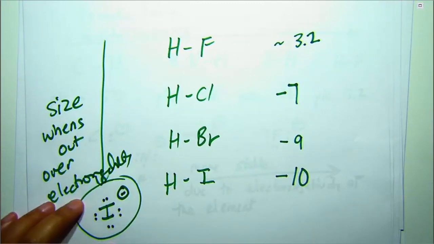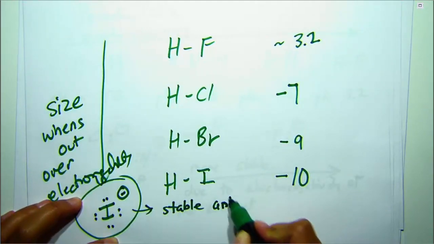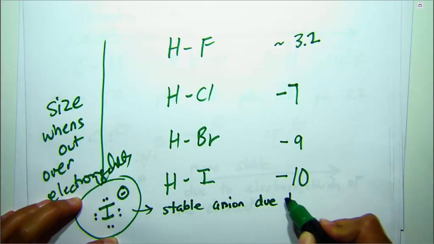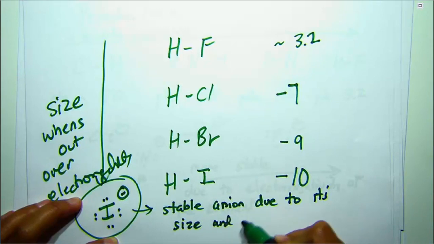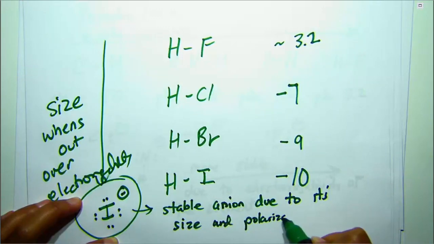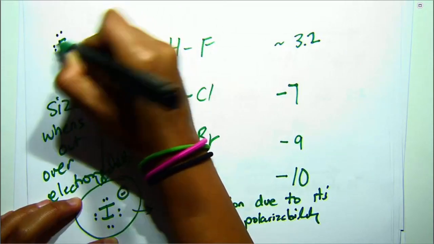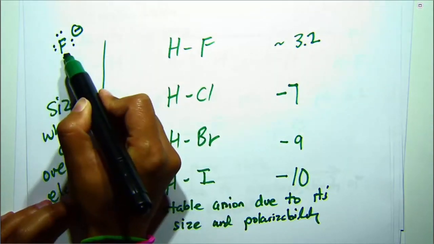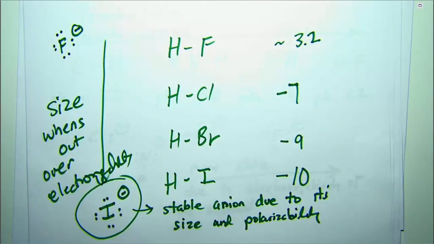So I minus is actually a relatively stable anion due purely to its size and polarizability. Whereas F minus is not such a happy stable anion because there's a lot of negative charge that's localized on this very small atom. Okay, so going down a periodic table, the size is more important, and that's how we can compare these trends.